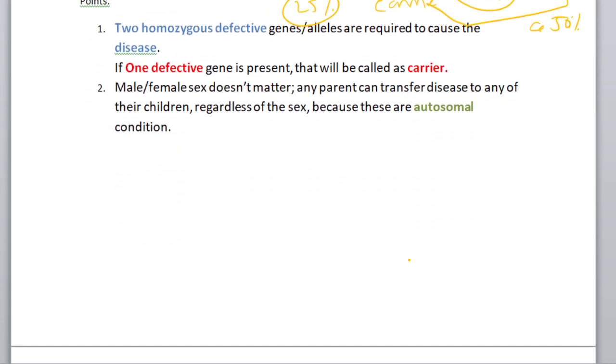As I described in my previous video, whatever the sex may be, whether father or mother, sex doesn't matter. That's why we are not using XY as an example. We are just using A and a because these are autosomal.